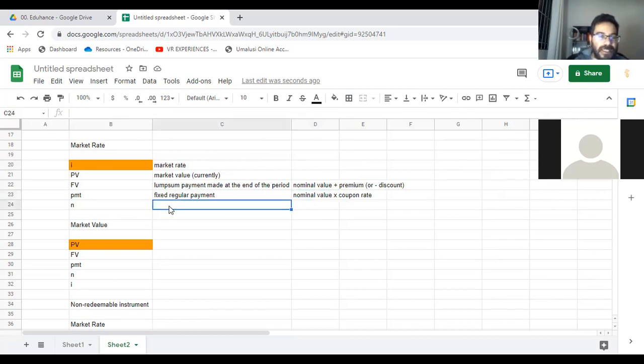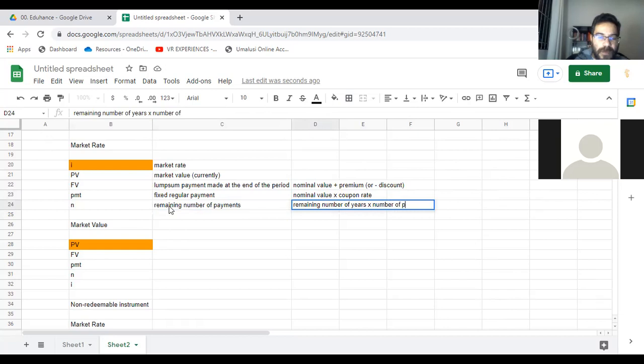And this here is the remaining number of payments. Remaining, not total number of payments, remaining number of payments. How do we calculate that? It is the remaining number of years multiplied by the number of payments or compounding periods per year.